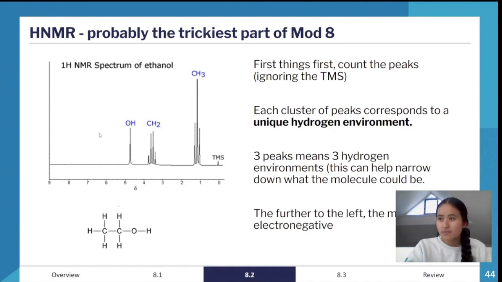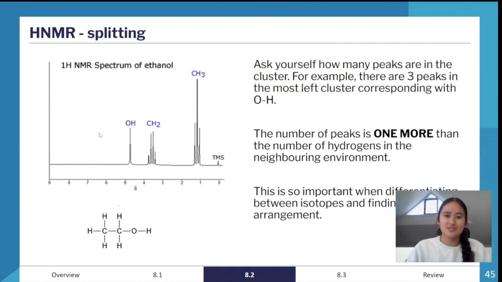Once we've figured that out, the next thing to do is look at the actual individual peaks. This is splitting. Splitting occurs because of interference from the neighboring hydrogens. You'll see that this hydrogen environment here has 3 neighboring hydrogens, and those neighbors will interfere with how this hydrogen is read.